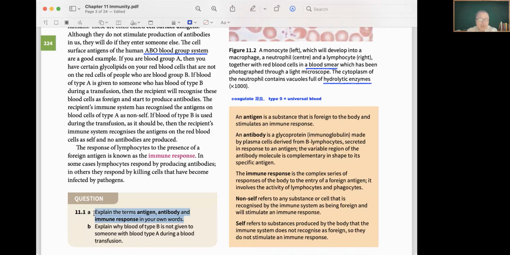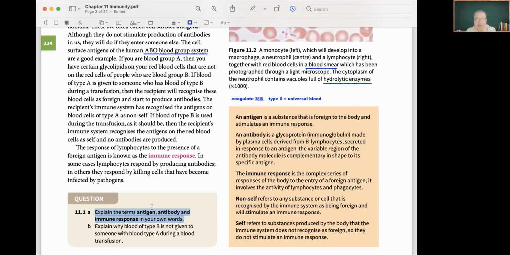External. It is not inside of the human body or animal body. Okay, antigen, external. Virus and bacteria are external, foreign. What is antibody? Antibody is the thing which fights with the bacteria and virus.